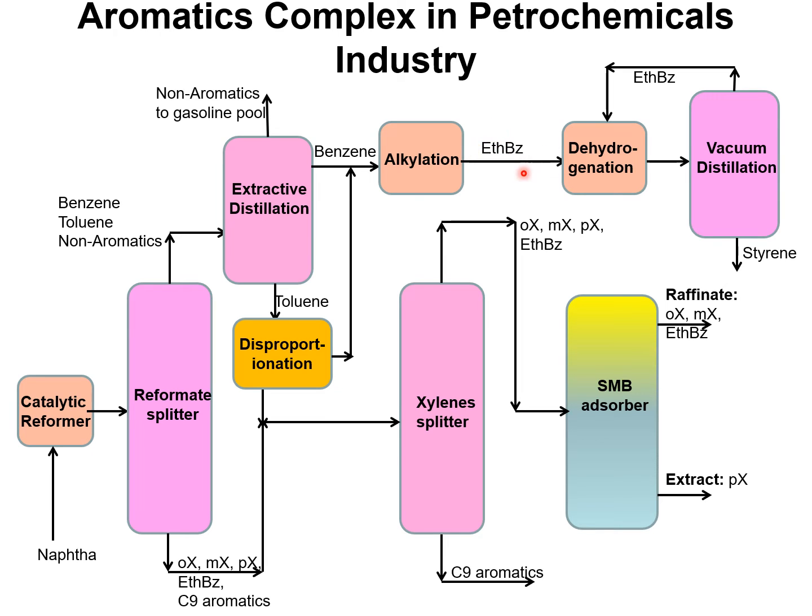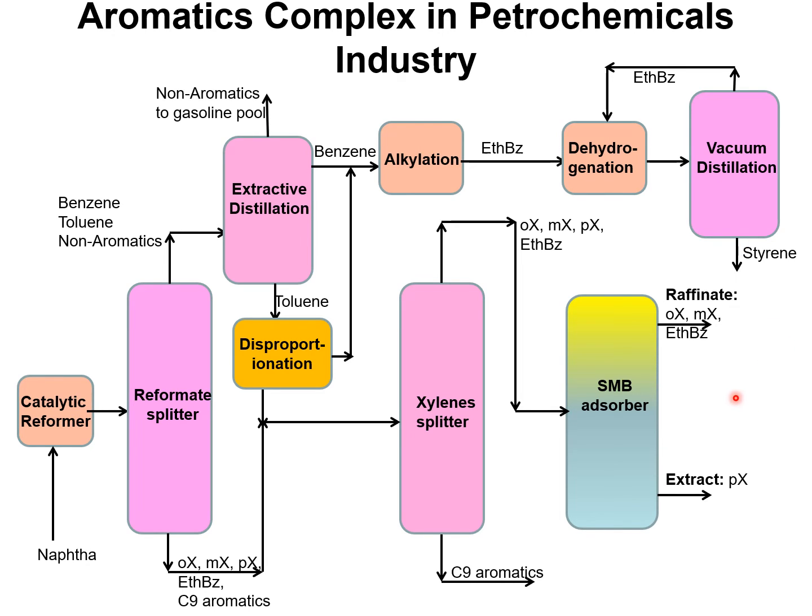The ethylbenzene is sent to a dehydrogenation reactor to produce styrene. The separation of the desired styrene from ethylbenzene occurs in a vacuum distillation unit, and there is potential for replacing this vacuum distillation column by an adsorption unit using a suitable MOF.